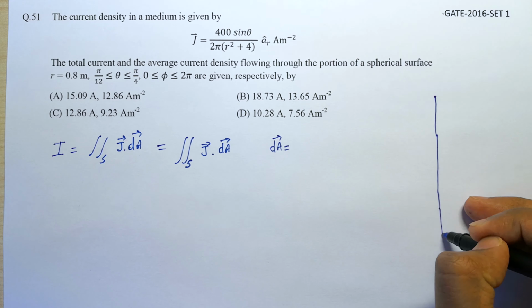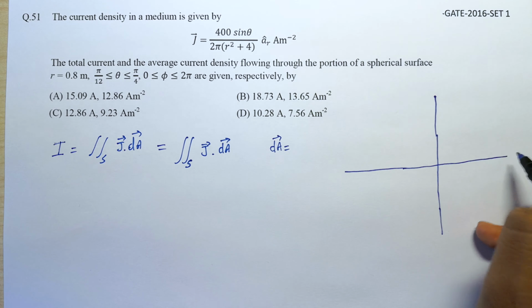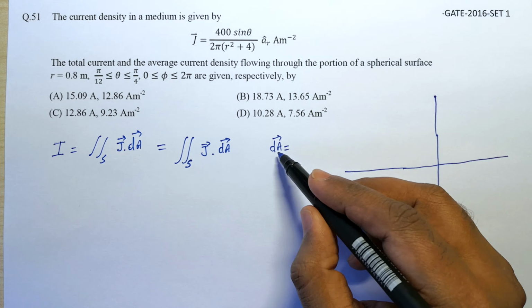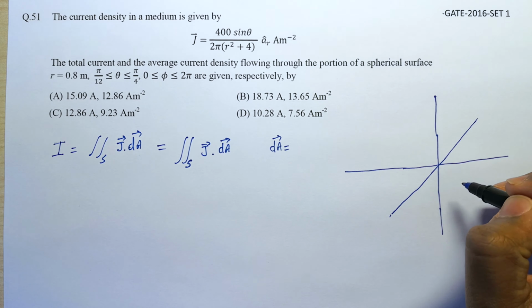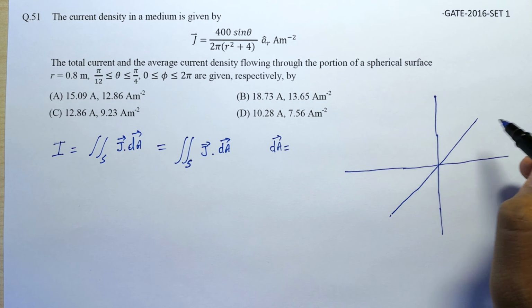You could either remember this or you can find it by properly drawing the schematic. It's much easier if you know how to write this incremental area, because it will be useful for other problems, for example if we are to use a cylindrical coordinate system.